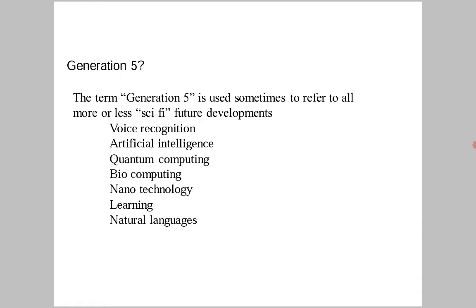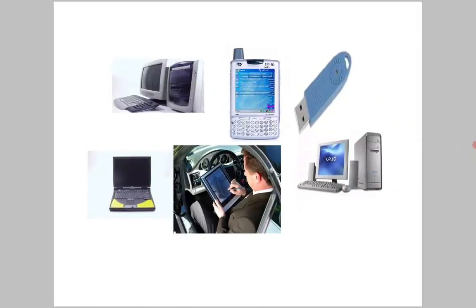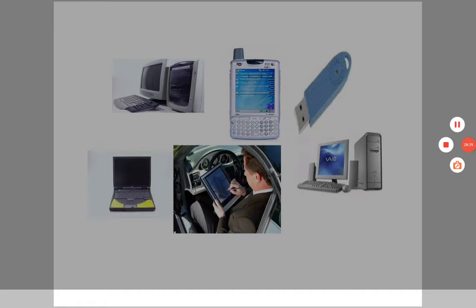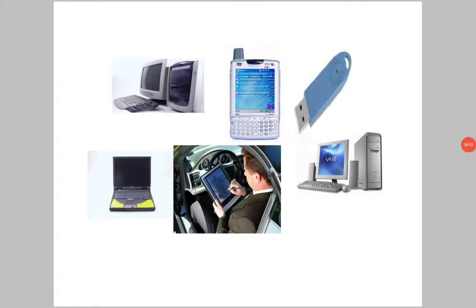So various technologies are introduced in generation 5 like voice recognition, artificial intelligence, quantum computing, biocomputing, nanotechnologies, learning technologies, and natural languages. All these technologies are introduced and used in generation 5. Presently we are in generation 5 with various improvements in the technologies like processors, memory, and speed of a computer. All these have gradually and then rapidly increased.